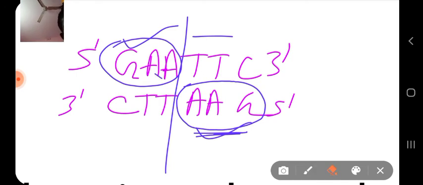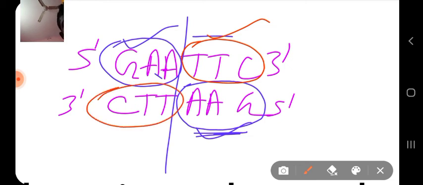Similarly here also, the base sequence in the second half of the DNA is the mirror image of the first half of its complementary DNA.